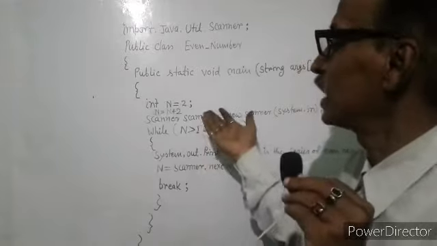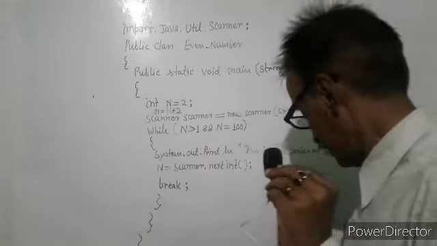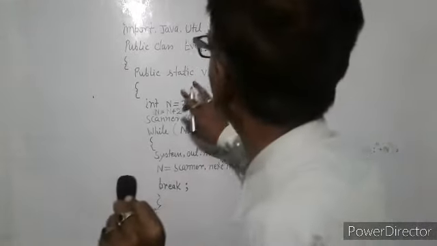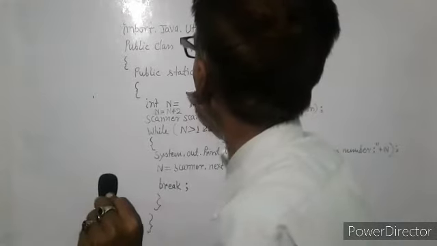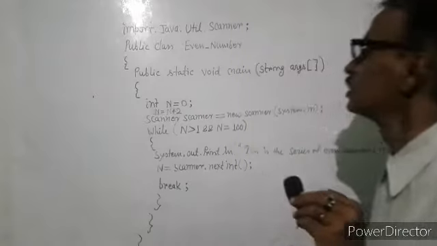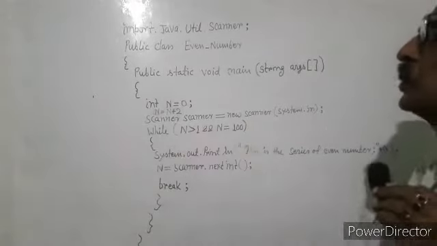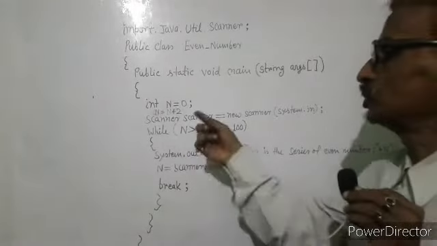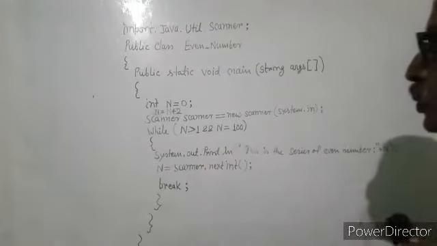Here the value of n is 2, so now n = n + 2, that is 0 plus 2, n became 2.